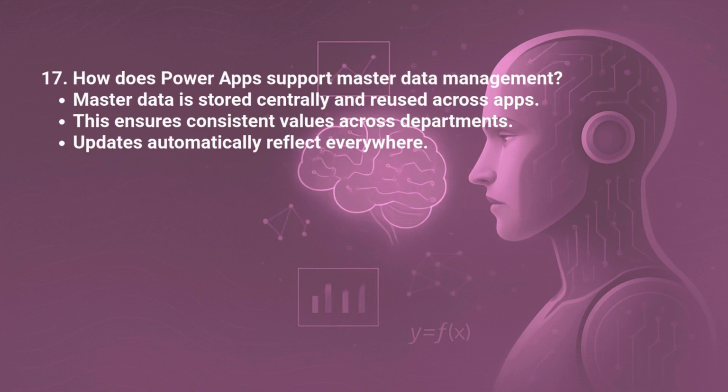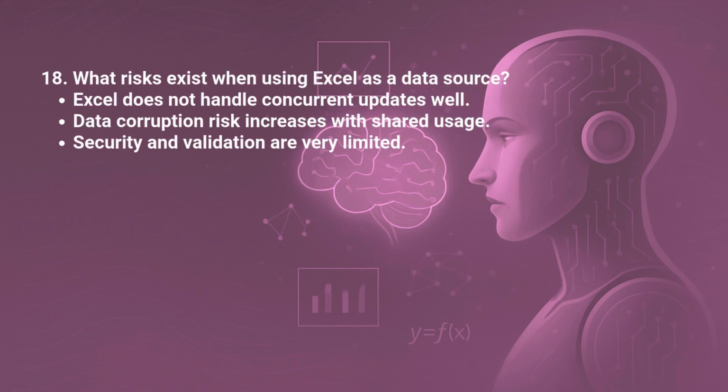17. How does Power Apps support master data management? Master data is stored centrally and reused across apps. This ensures consistent values across departments. Updates automatically reflect everywhere. 18. What risks exist when using Excel as a data source? Excel does not handle concurrent updates well.